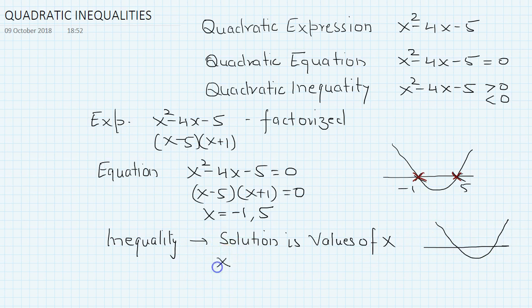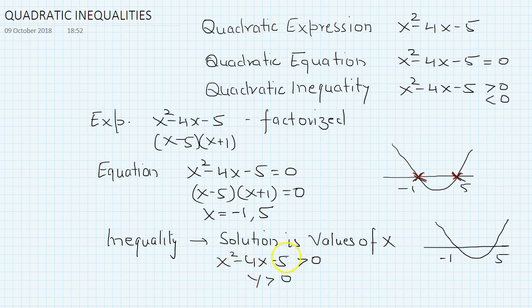If it is x squared minus 4x minus 5 is greater than 0, then we have to solve it by the method of solving an equation. Find the critical points: minus 1 and 5, and it is greater than 0. It means y is greater than 0.